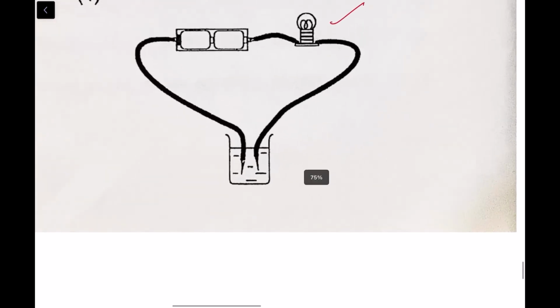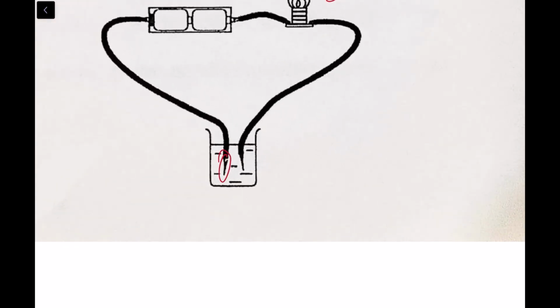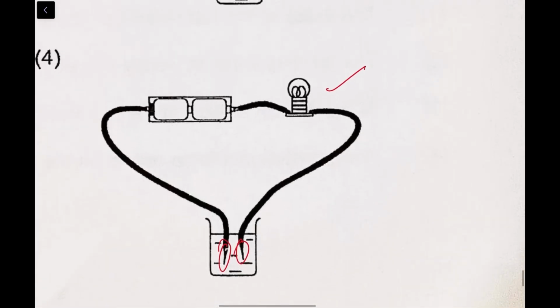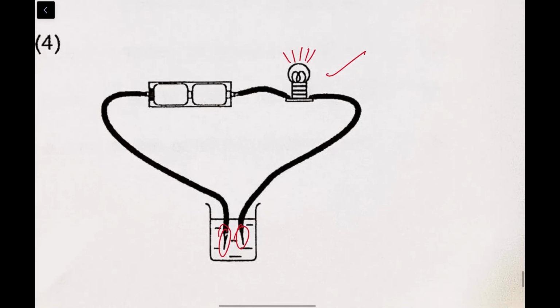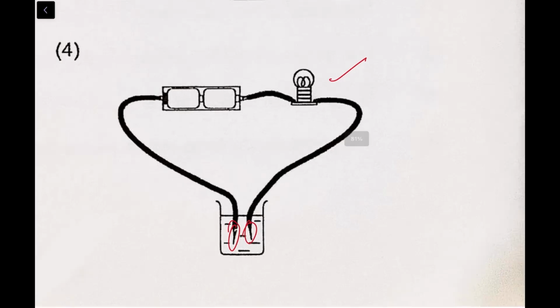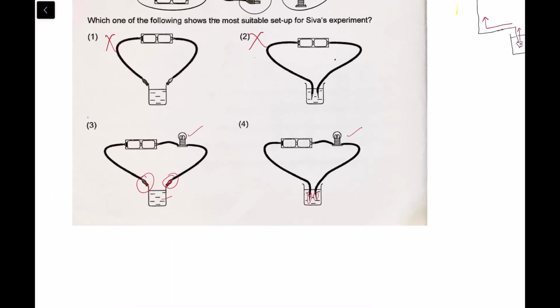And in option 4, both the clips are submerged inside X. So if X is a conductor of electricity, the bulb will light up, and if X is not a conductor of electricity, then the bulb will remain unlit. So the best option in this case would be 4.